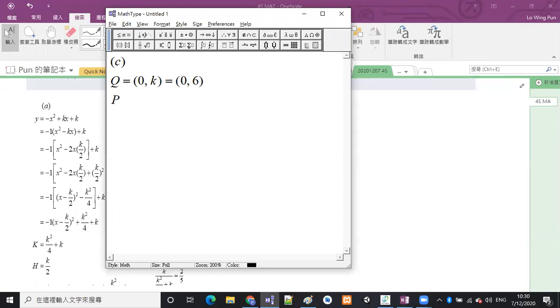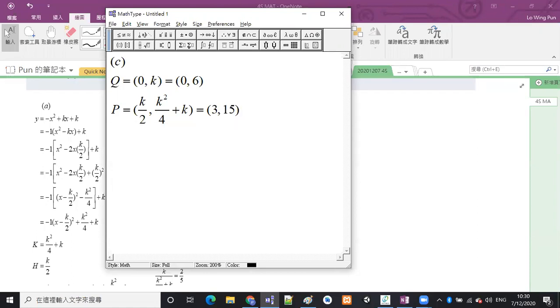And then the coordinates of P will be the h value and k value, okay? So the h value will be k over 2, and the k value will be k squared over 4 plus k. But we have already found the value of k, so we can calculate the h value and the k value.